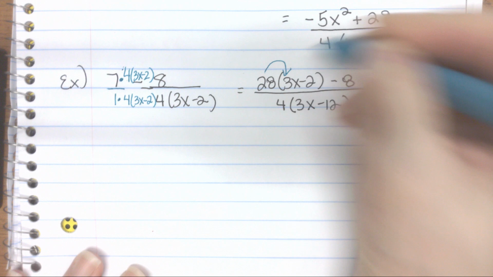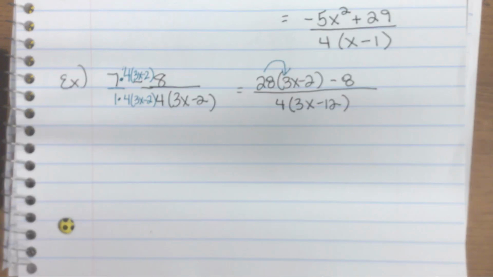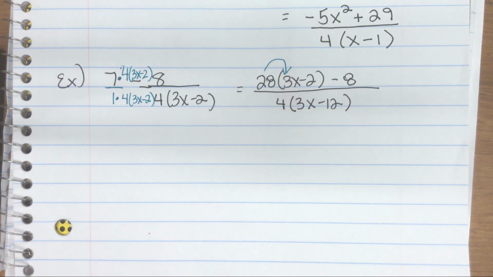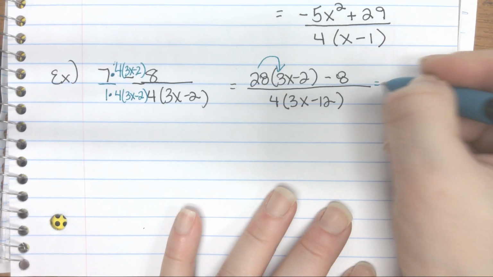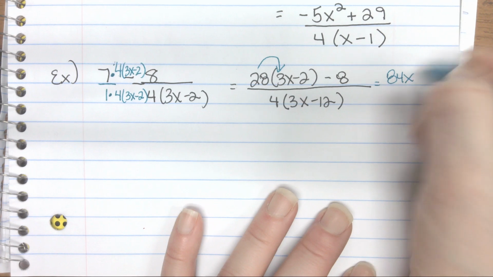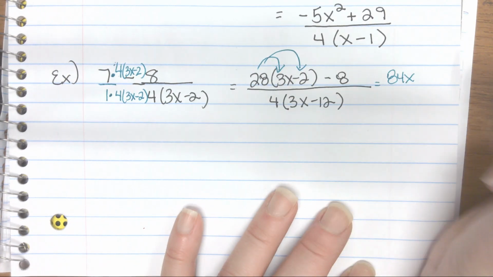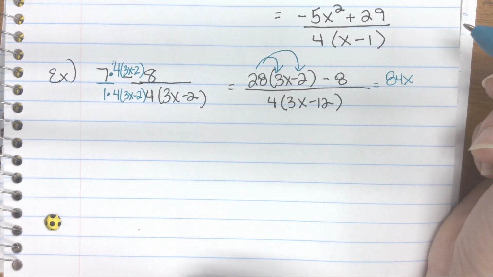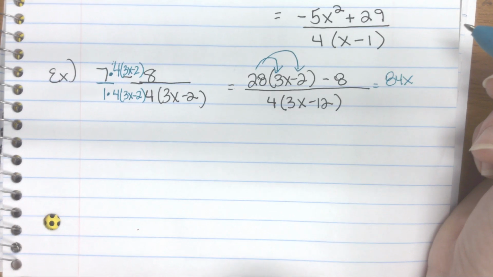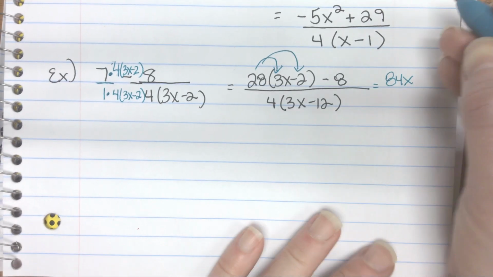I need some help here. What's 28 times 3? 84, okay. What's 28 times 2? 56, yep.